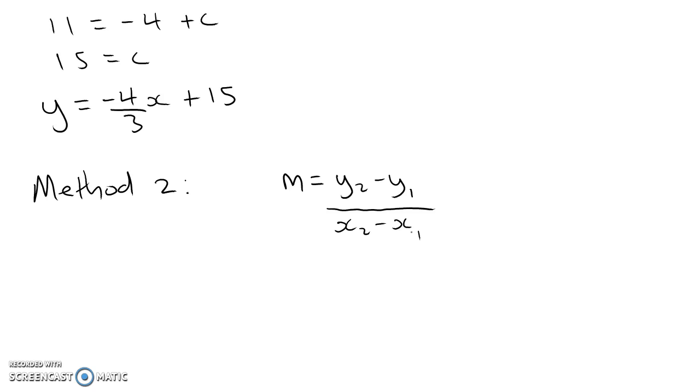So you're given a point on the line and you're given the gradient on the line, and it looks like this: y minus y1 equals m outside of x minus x1. So that's an important rule to remember.